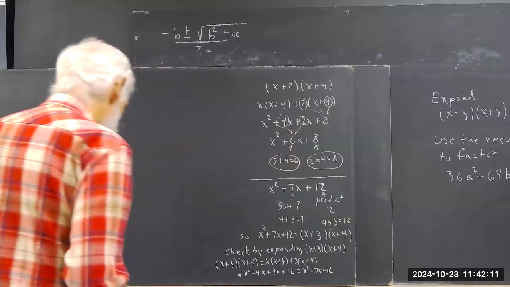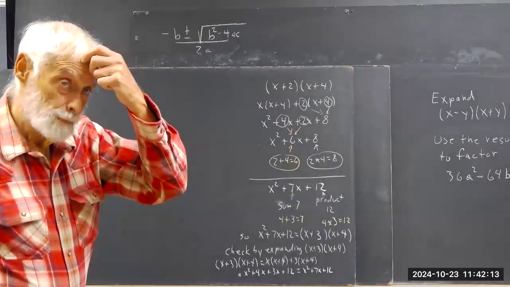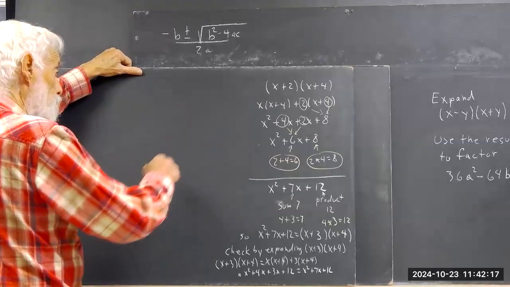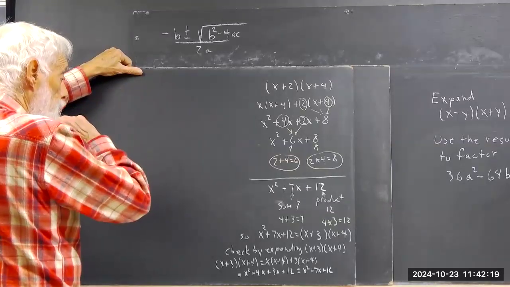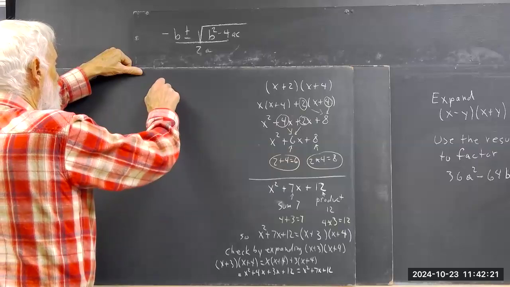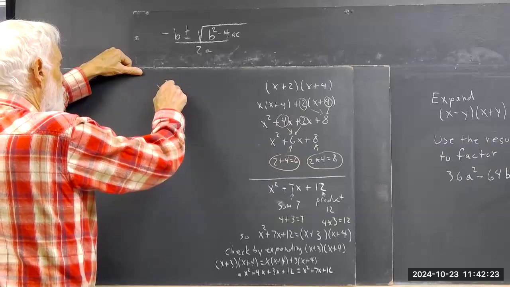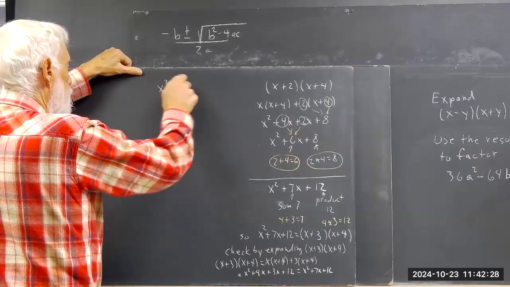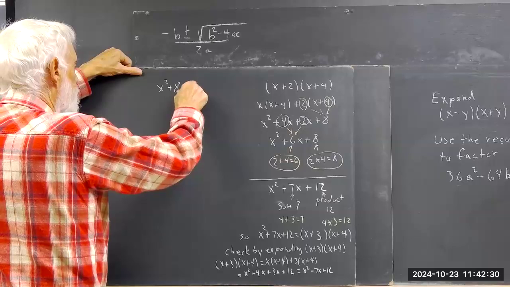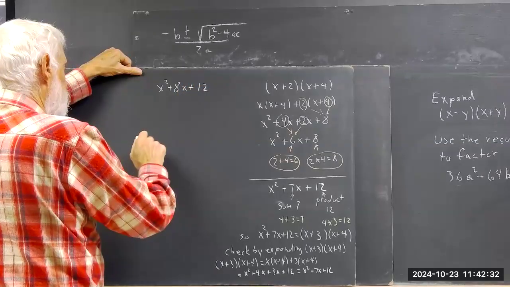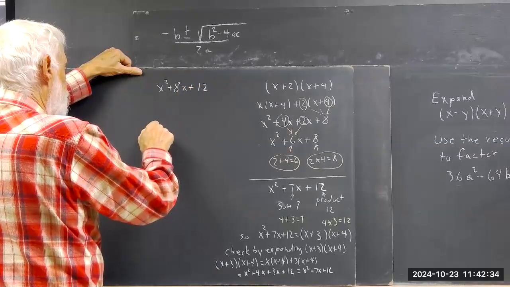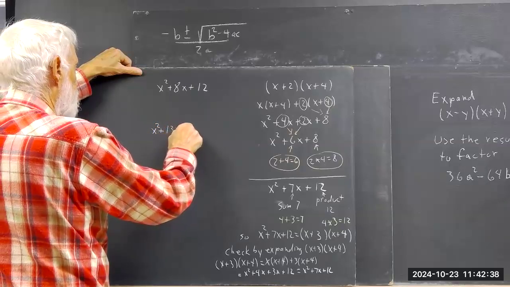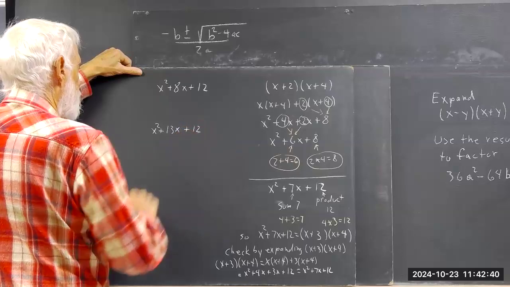Okay. Now I'm going to write down a couple more, let people kind of work through at their own pace, and we'll interject every once in a while. Okay, so let's try x squared plus 8x plus 12. X squared plus 13x plus 12.